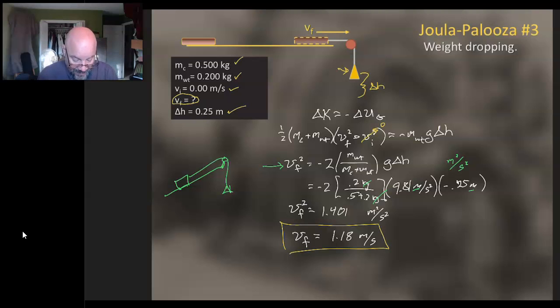Now, in that case, we would have had some change in height here, but we'd have to call it something different because we would end up with a change in height over here. So I'd have two delta U terms, and I'd have to take that into account.